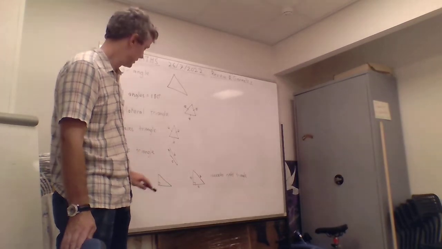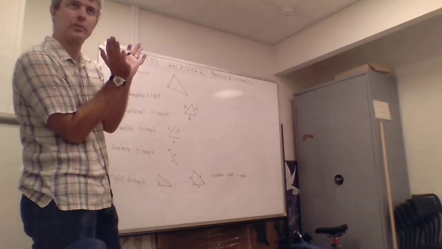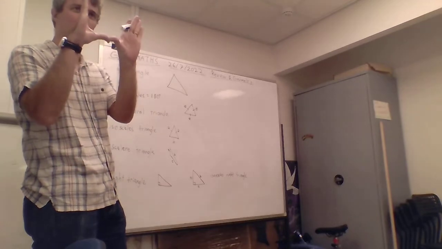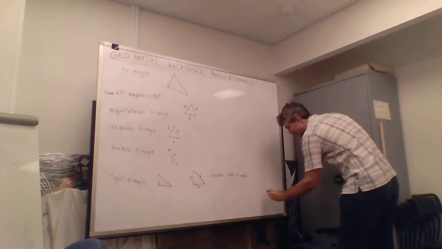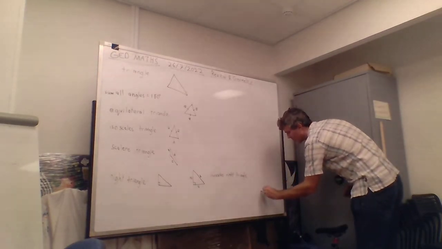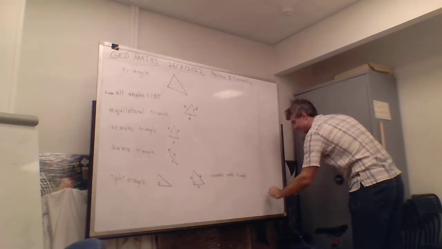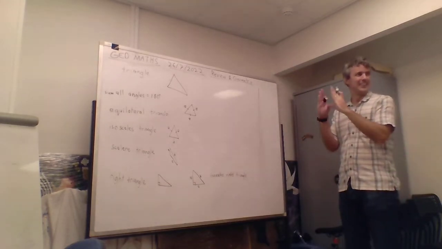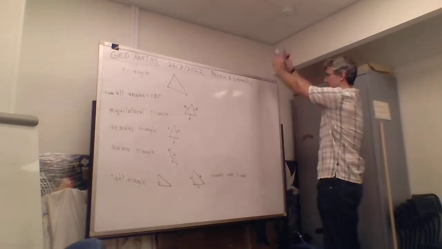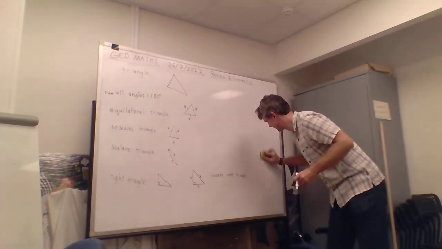Because you can't have two right angles. They won't come back together. They'll just be open. If you had like maybe 89 and 89, it would be like a triangle like this, going up, but it would eventually touch. But if you had exactly 90, they'd go up straight. That's a horrible looking shape.